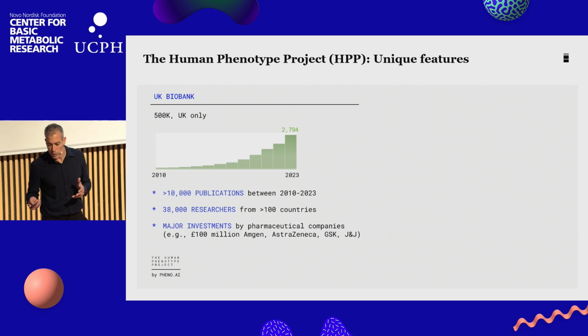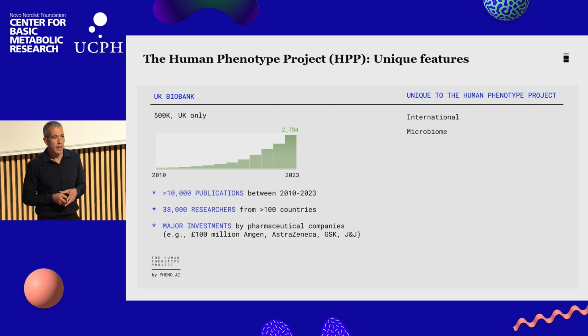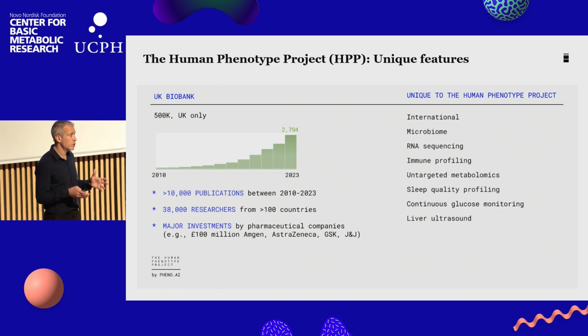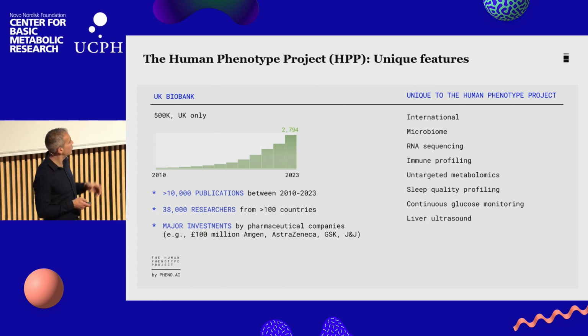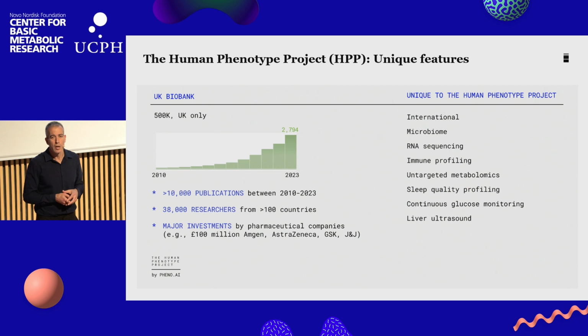In comparison, we obviously don't have a cohort that's as big, but we have several unique features. It's going to be the first cohort to be international, as I mentioned, spanning multiple countries, and then all of these other measurements shown here, mostly the more advanced multi-omic measurements, are not part of the UK Biobank.